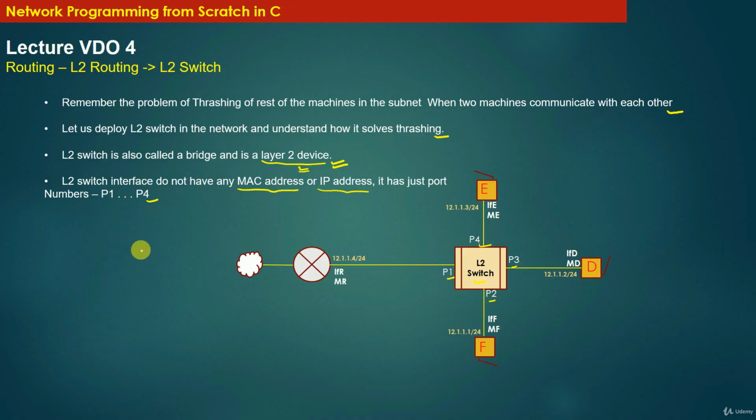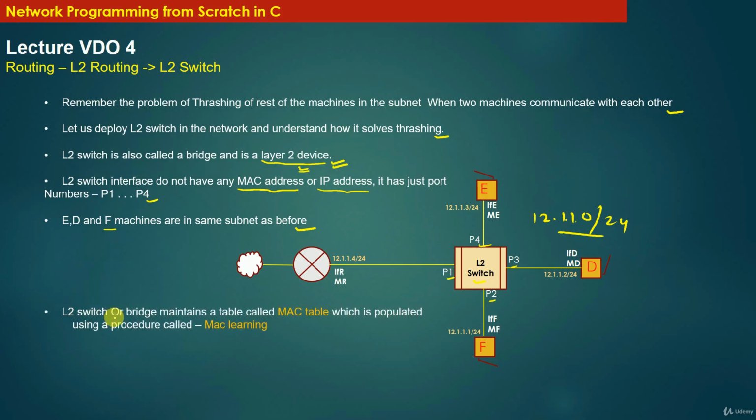You can see that the host machines E, D and F are present in the same subnet as before, with network ID 12.1.1.0/24, right?